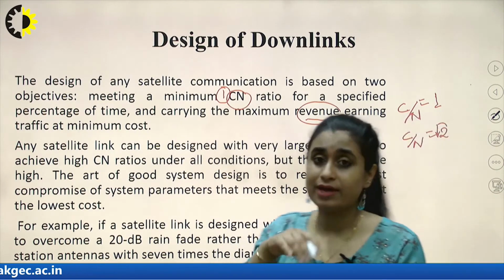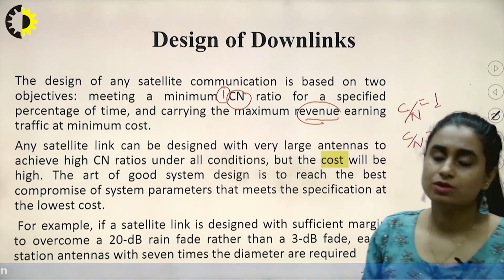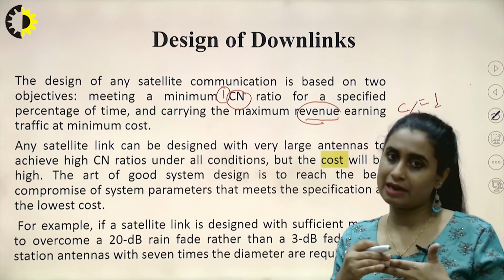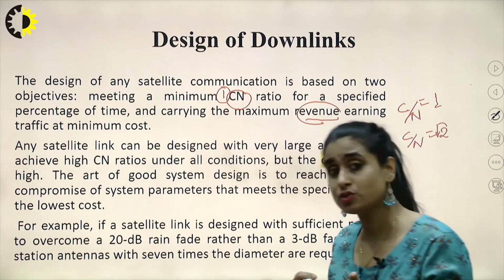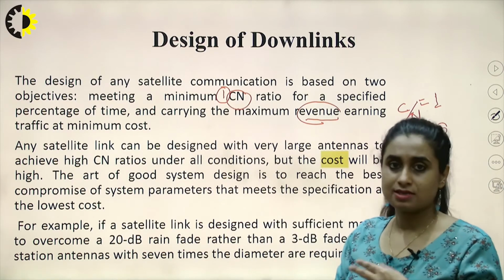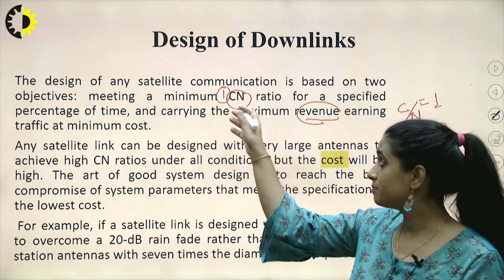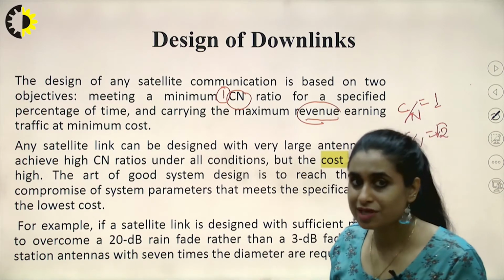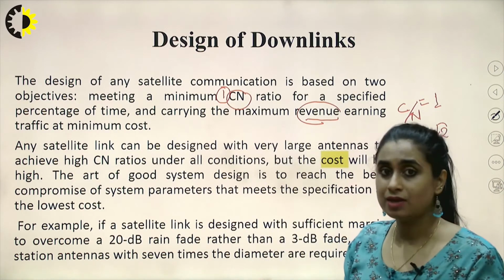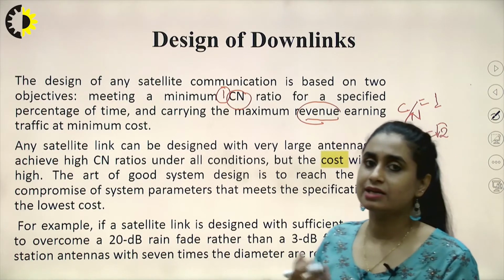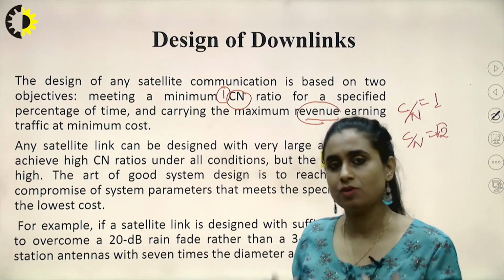This can be compared with the bandwidth. Why? We know that any communication system has two major resources, power and bandwidth. Here we have discussed power, that my system must work well with minimum C to N ratio, and here we are talking about the bandwidth and the cost, that with the available bandwidth, it should generate maximum revenue with minimum cost, right?